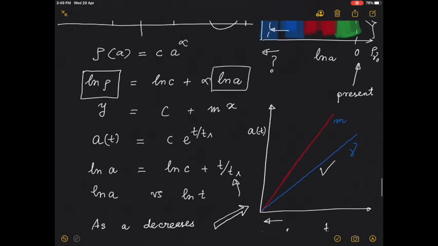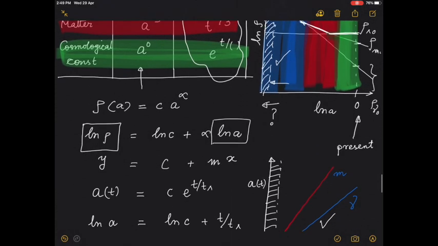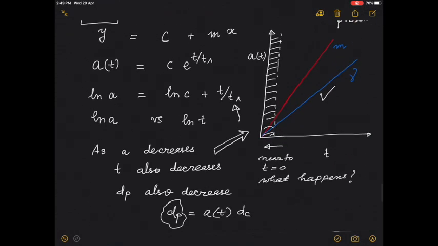What does it mean? It means that in these plots, when I am reducing the time, there is a certain time which corresponds to when quantum theory becomes important, and in this region this theory doesn't work. And you cannot say what happens to the universe sufficiently long ago just because of this.